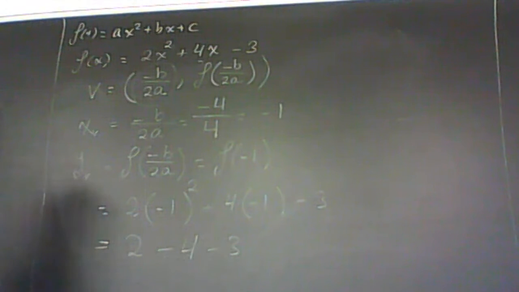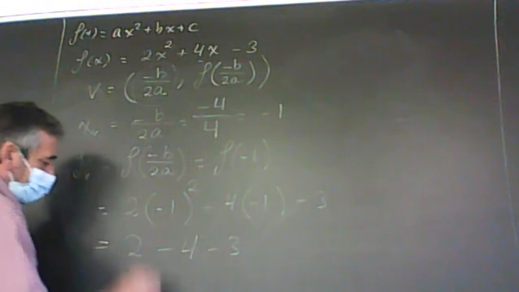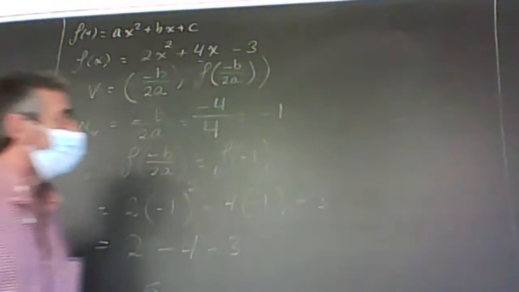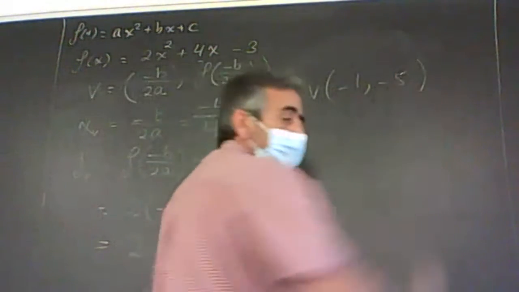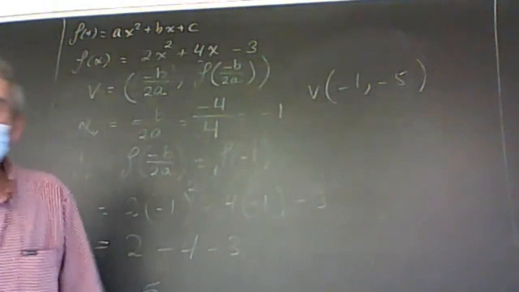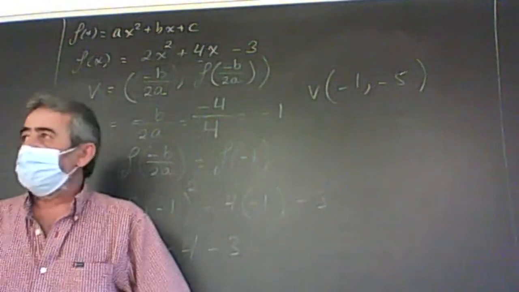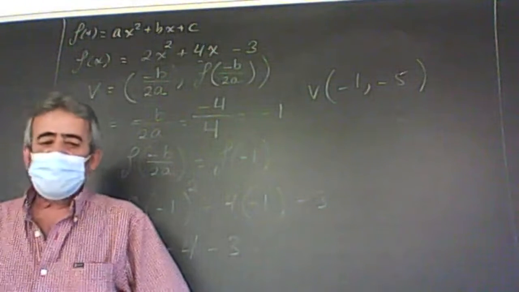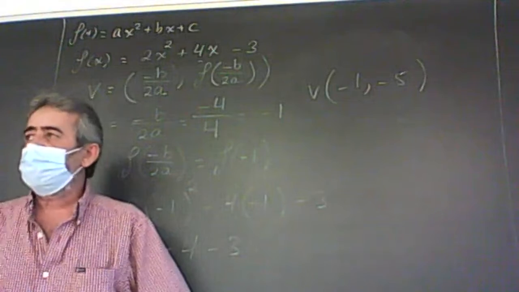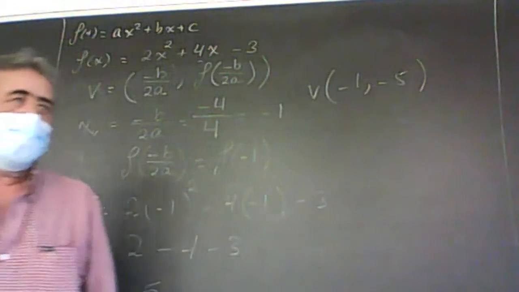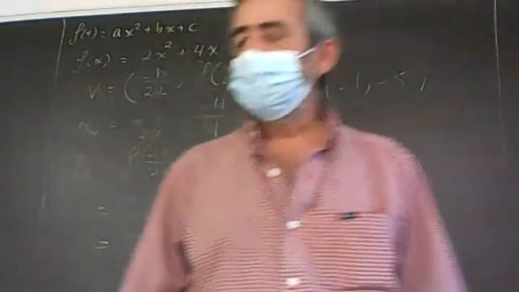Negative 2 take away 3 is negative 5. So the vertex again is negative 1, negative 5. Clear? Any questions? So those are the two methods or the two forms of parabola that you could have.